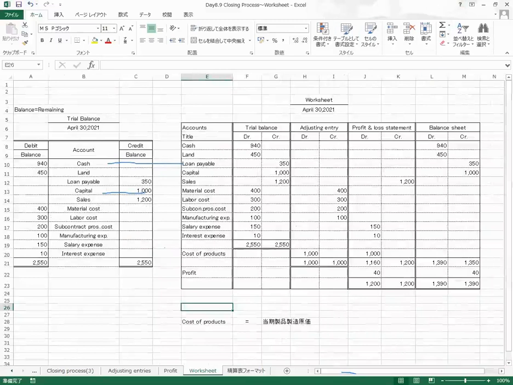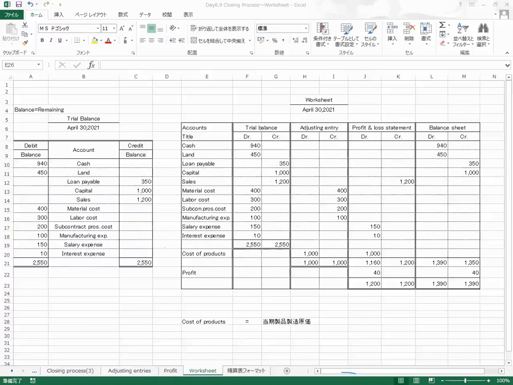Finally, you can get the profit and loss statement, which means the income statement, the PL, and the worksheet. I will explain this next week. This worksheet is the final review of your business.